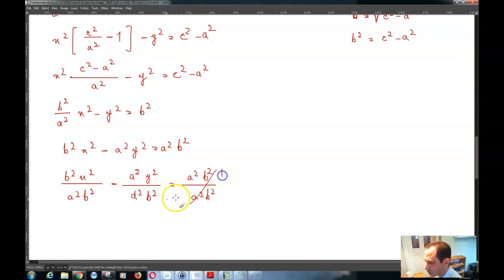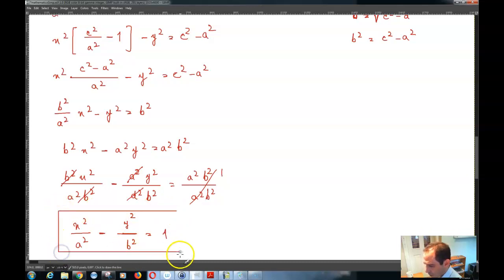So this is 1. And over here you can cancel these two out. Over here you can cancel these two out. So you'll get x squared by a squared minus y squared by b squared is equal to 1. And that is basically the equation of the hyperbola we were looking for.